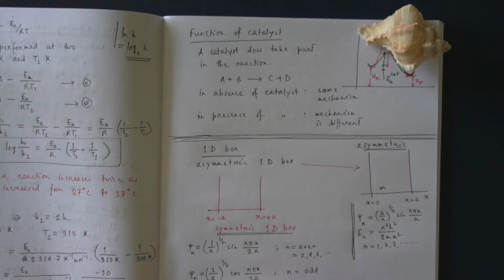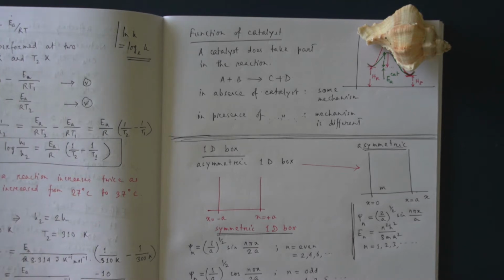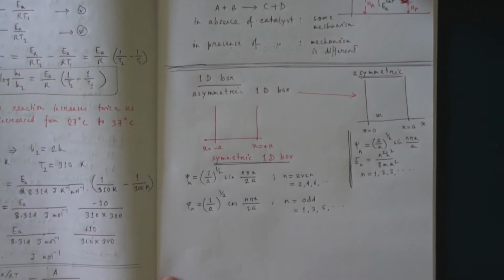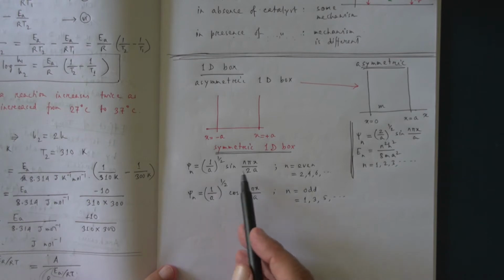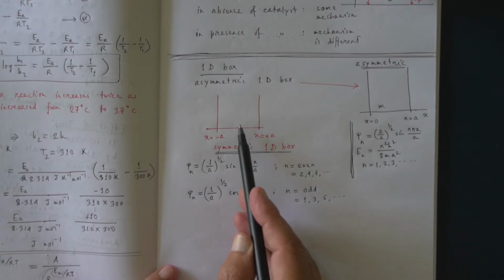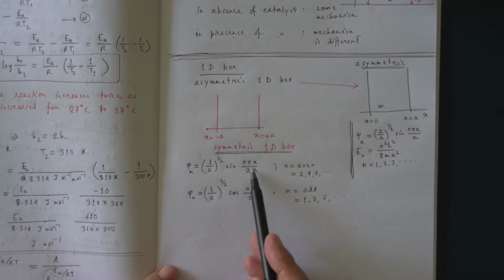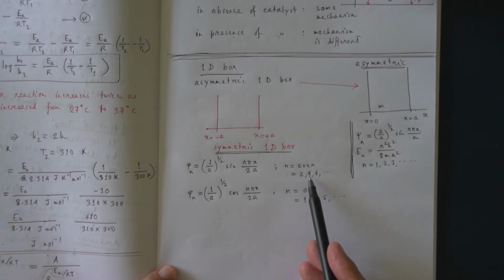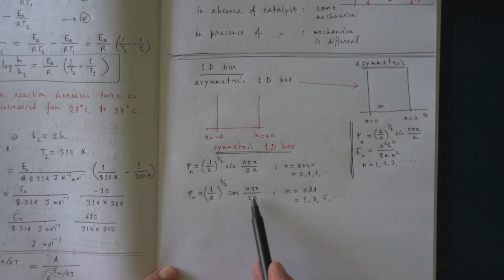N odd means 1, 3, 5, etc. So for the symmetric 1D box, psi equals this when n is even, and psi equals this when n is odd.